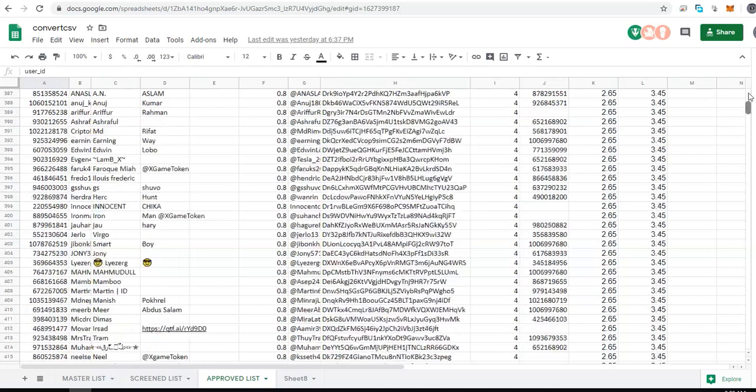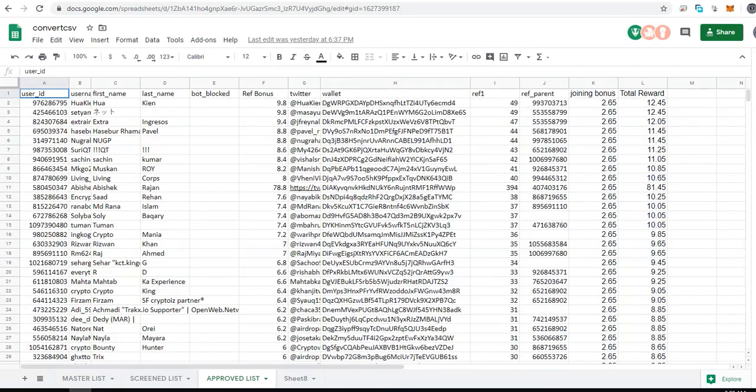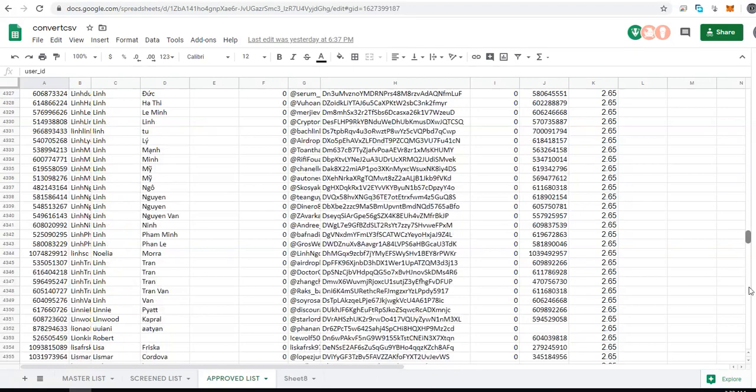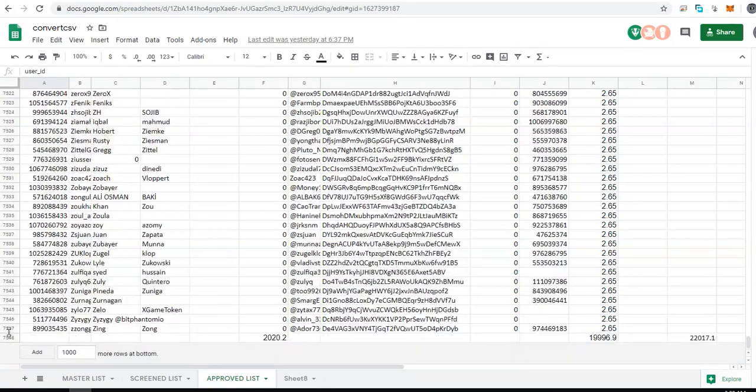Let's see. Yeah, 7,446. Now we said the 20,000 Dale coins will be divided equally if the total number that qualified is above 5,000. And as you can clearly see, this number is above 5,000.